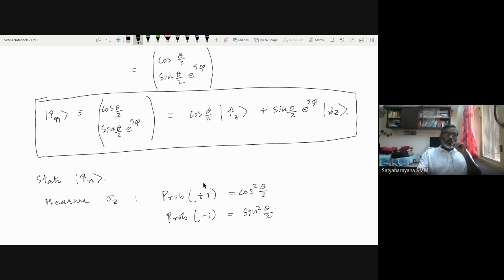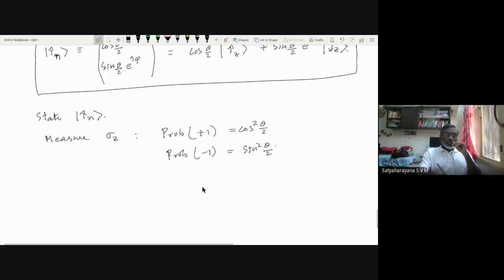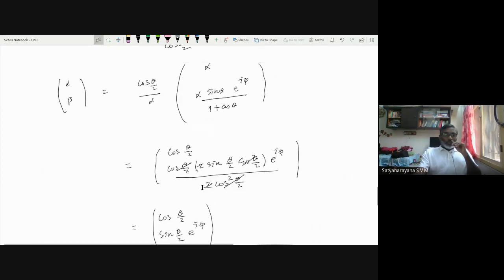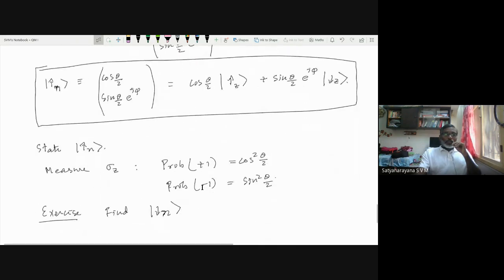Okay, so I will leave it as an exercise for you. Exercise, find expression for down n. Now you can find it the way I have found earlier, but you can also do it by inspection. That means you want it to be orthogonal to this, correct?